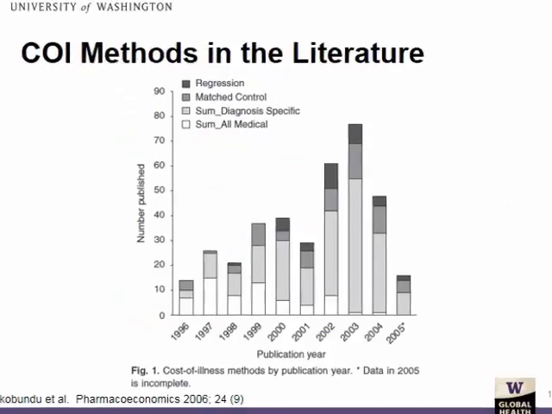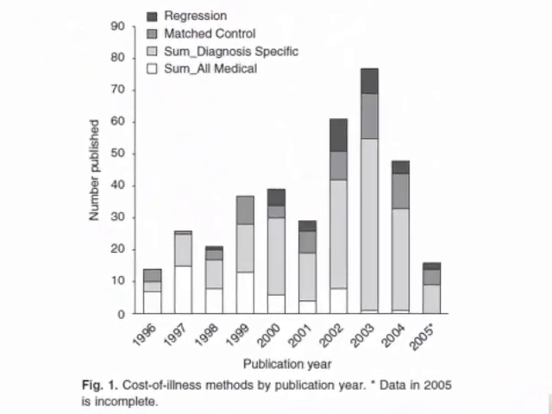Looking at the number of cost of illness studies in the literature and the methods that they use, of the 4 methods we've discussed, which is regression, matched control, sum diagnosis specific, and sum all, you'll see that the sum diagnosis specific seems to be the biggest group in these gray bars, in these shaded bars, the ones I'm marking.